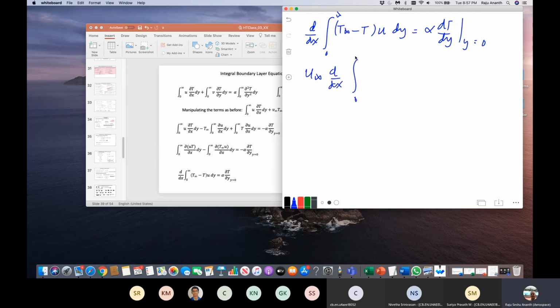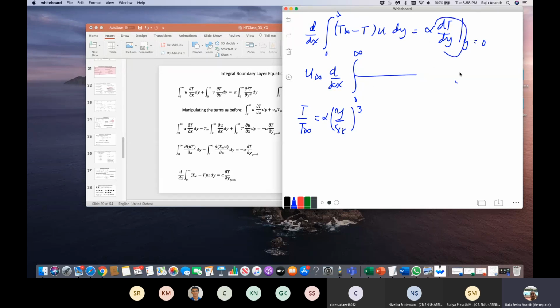Then I can assume maybe a cubic function, and we can assume that T over T infinity could be some simple function, maybe y over delta t, whole cubed. So I can bring that one and then integrate it out.